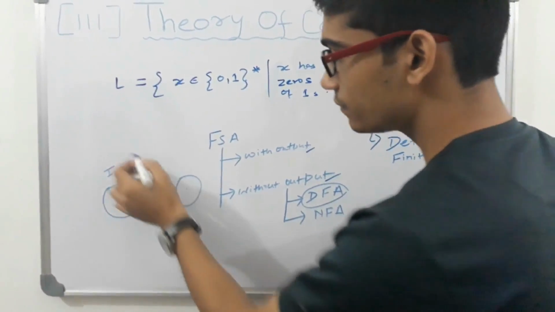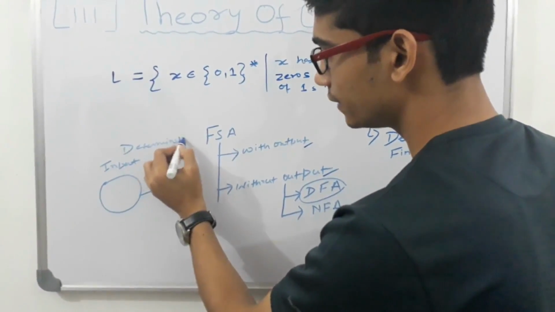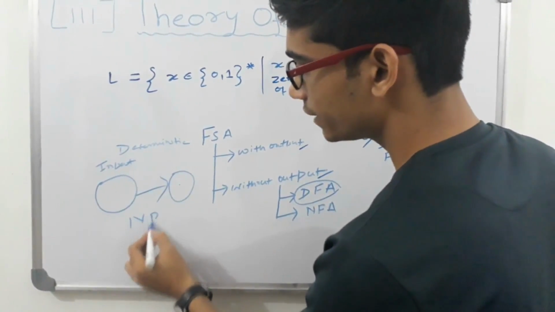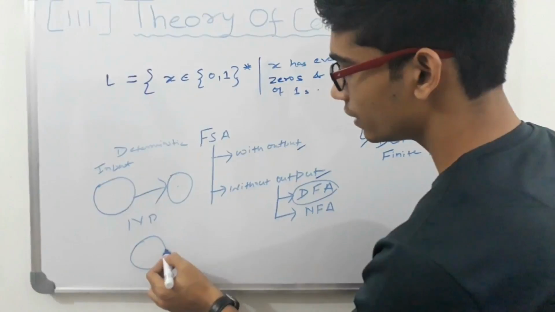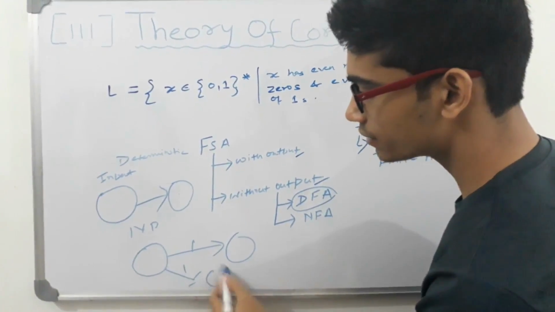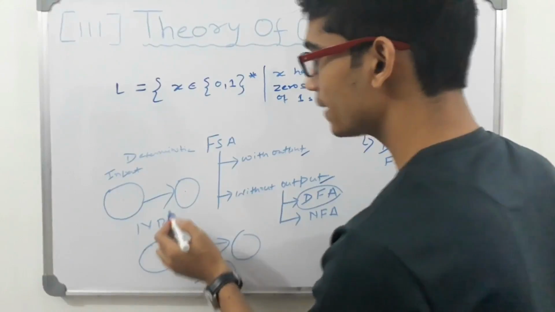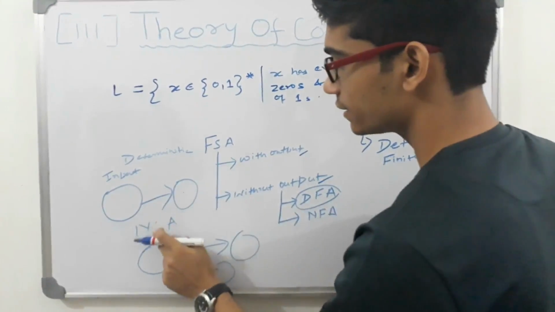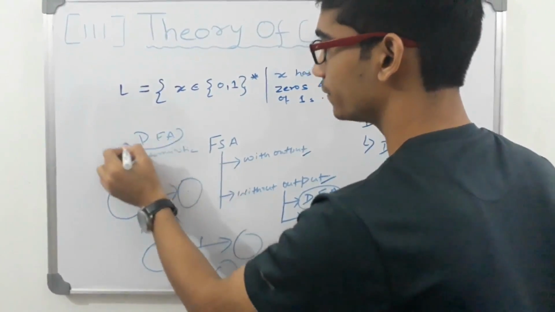In case of non-deterministic, when we have a state and give input, suppose I give 1, it can go to this one or to another state, so it is not fixed. We will deal with non-deterministic automata later, but for now we are discussing DFA only.